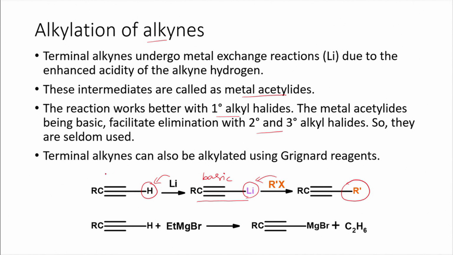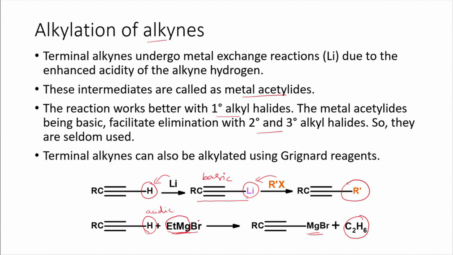And when we talk about the terminal hydrogen reacting with the Grignard reagent, ethyl magnesium bromide is shown here as an example. Here the hydrogen is acidic in nature. So, this acidic hydrogen reacts with the ethyl magnesium bromide to give ethane as one of the products, and we get the corresponding Grignard reagent attached to the alkyne system. This is one of the reasons Grignard reagents get cleaved by acidic reagents.